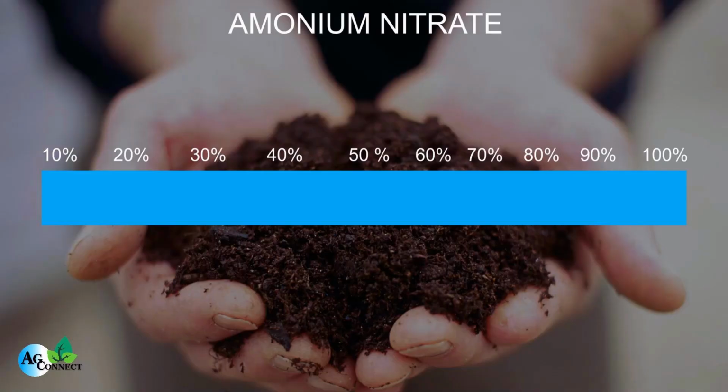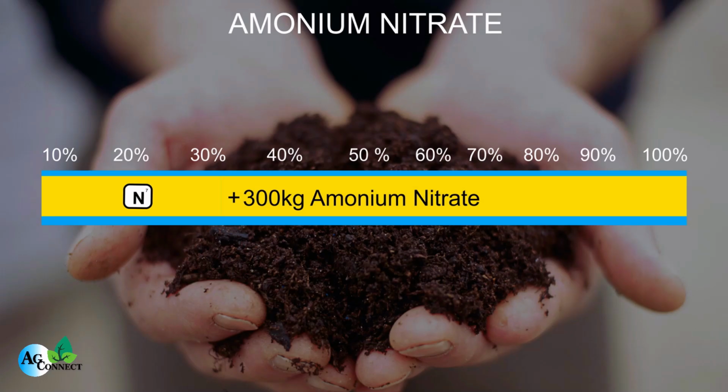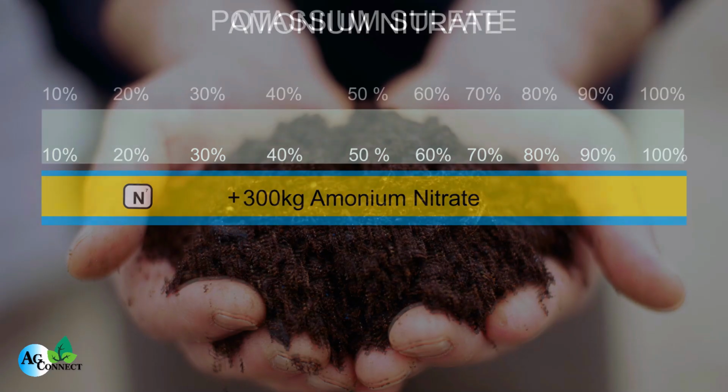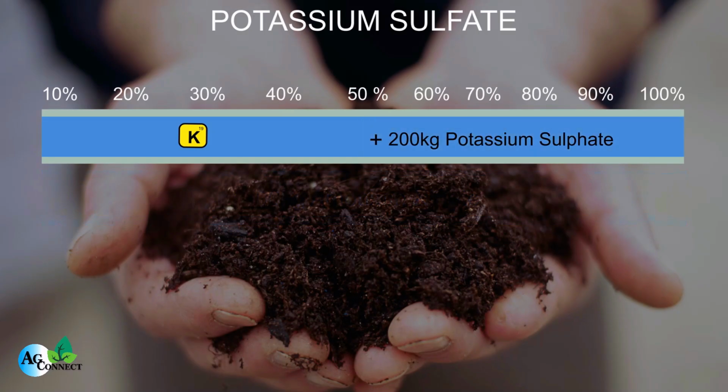Since ammonium nitrate is only 34% nitrogen, we're actually going to have to apply 300 kilograms of ammonium nitrate in order to get our 100 kilograms of nitrogen. And for the potassium sulfate, that's only 50% potassium, so we would have to apply 200 kilograms of potassium sulfate.